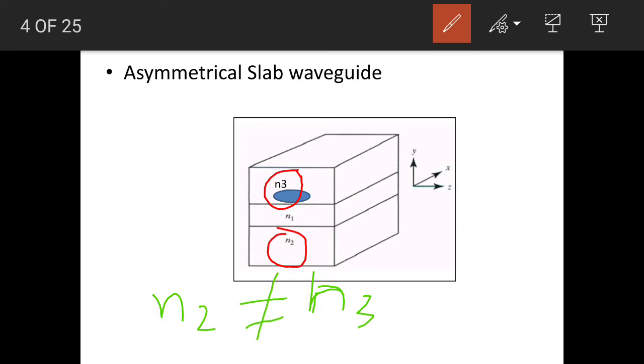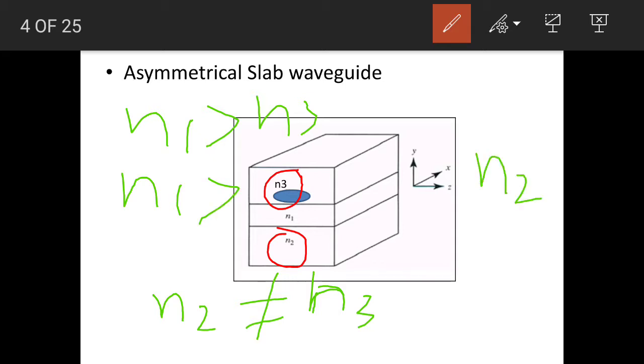You see, the top layer may be of air, so the refractive index of the air is 1. Anyhow, in this particular case, N1, which is the refractive index of the central layer of the waveguide, is greater than N3, and N1 is greater than N2 as well.